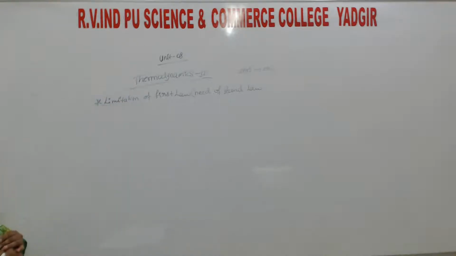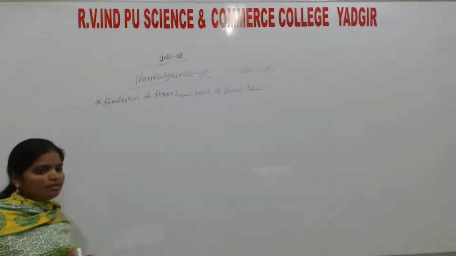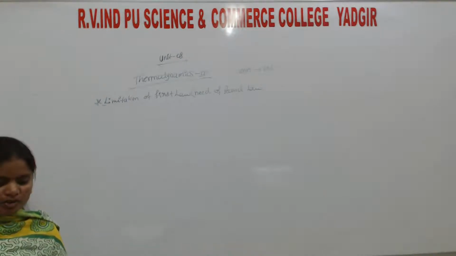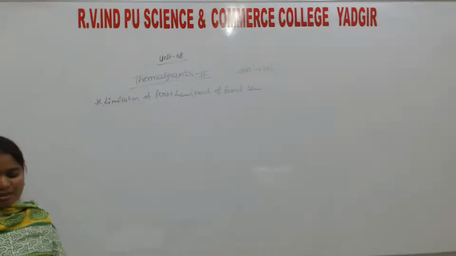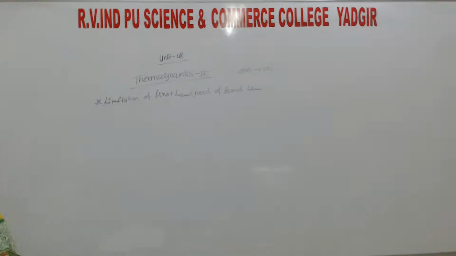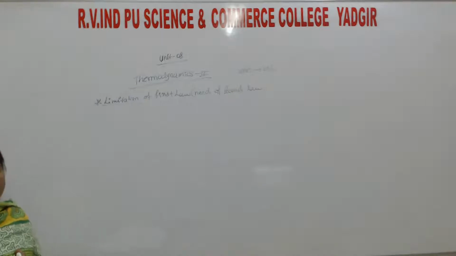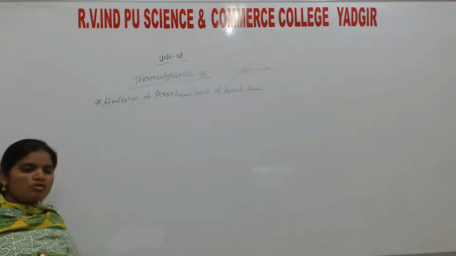Before discussing the limitation of first law and the need of second law, what is the statement of the first law of thermodynamics? The first law of thermodynamics states that one form of energy can change into another form, but the total amount of energy remains constant.